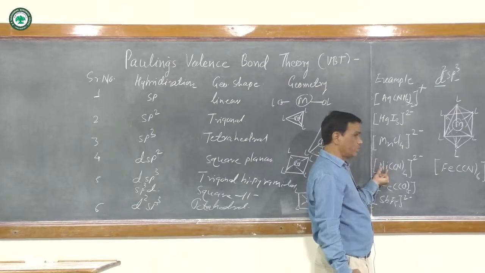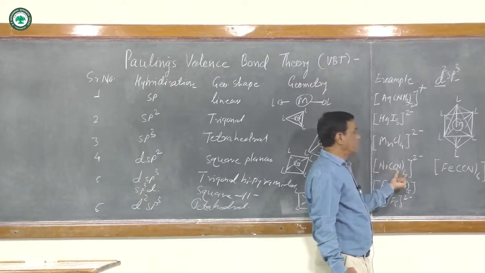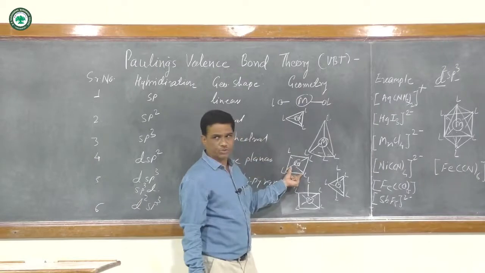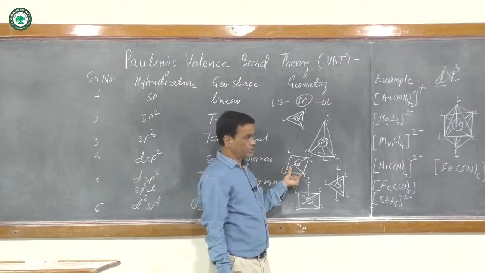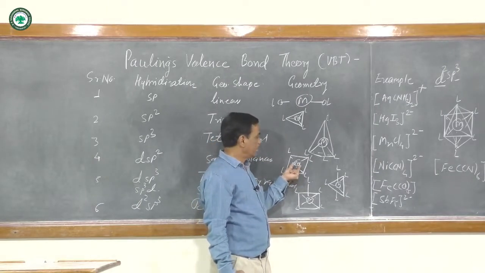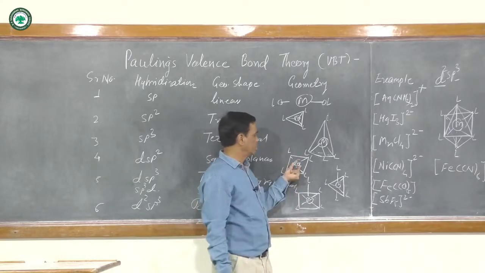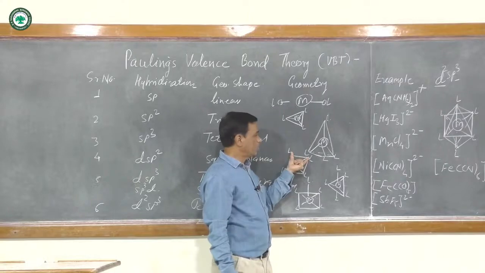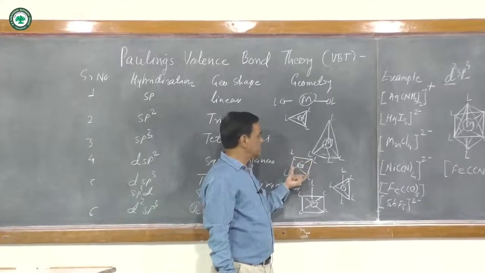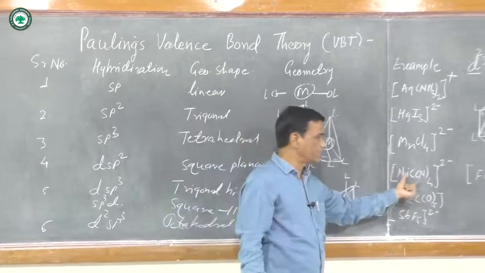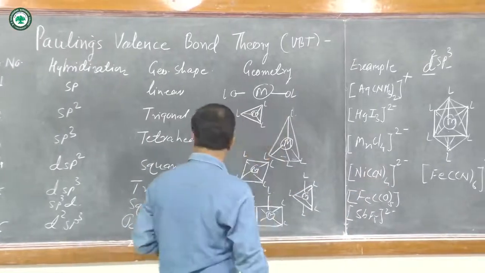This forms 4 equivalent hybrid orbitals, and 4 ligands donate 8 electrons, and respective coordinate bonds are formed there, and the shape of that molecule is square planar. This is the complex ion. Metal nickel is at the center position having charge Ni2+, and 4 cyanide ligands are at the corners of the square, and this is the example for square planar.